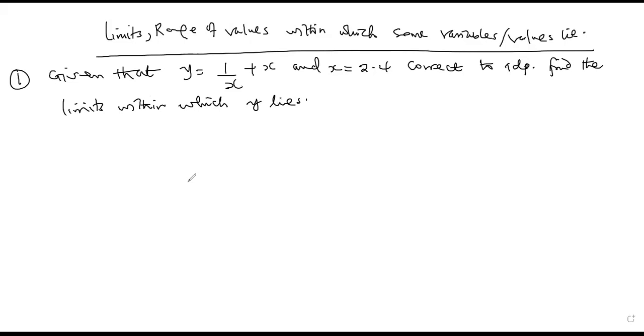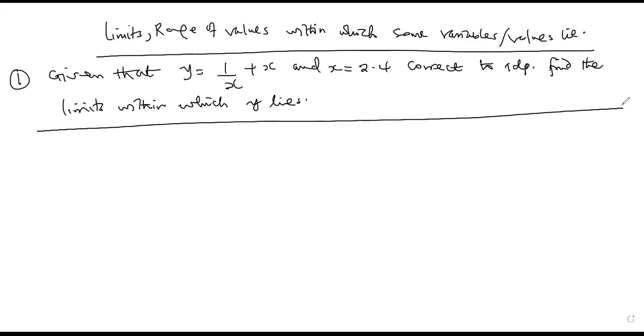So to get the limits here, within which y lies, let's first get an error. So a solution, given x as 2.4 means that the error in 2.4 is, we say that it is a half times 10 to the power negative n, where n is the number of decimal places.